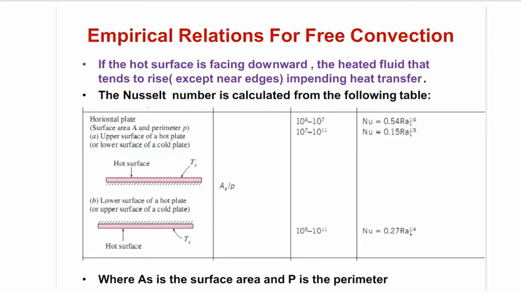Here you can see that the characteristic length is As by P, where As is the surface area and P is the perimeter of the hot plate.